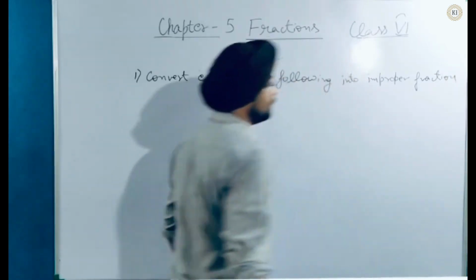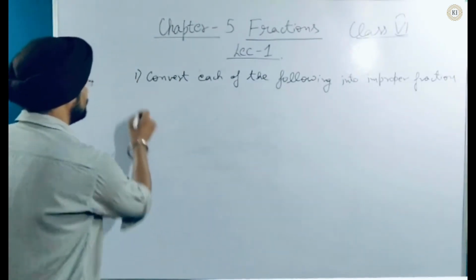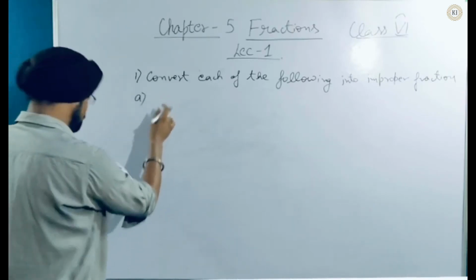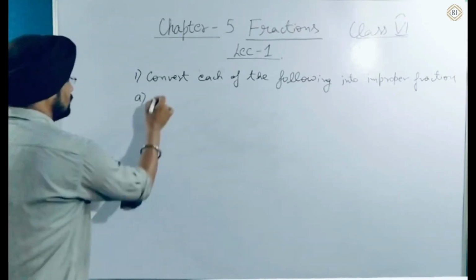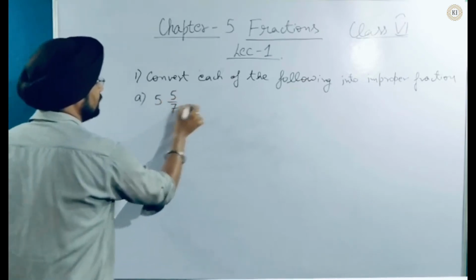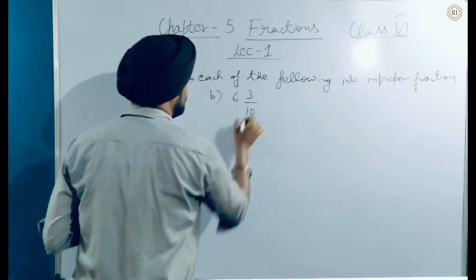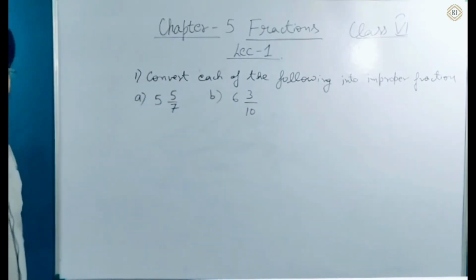We have to convert the values into improper fraction. Numbers are given as 5 whole 5 upon 7, 6 whole 3 upon 10. We have to convert both into improper.